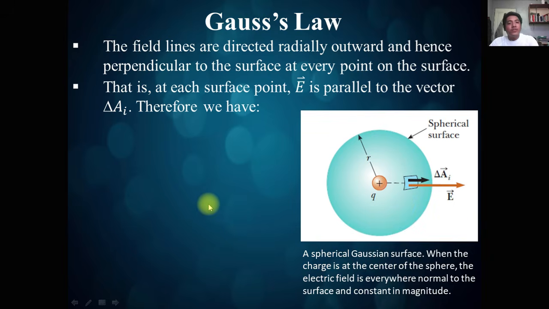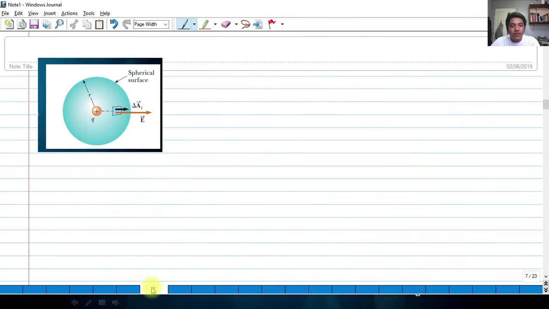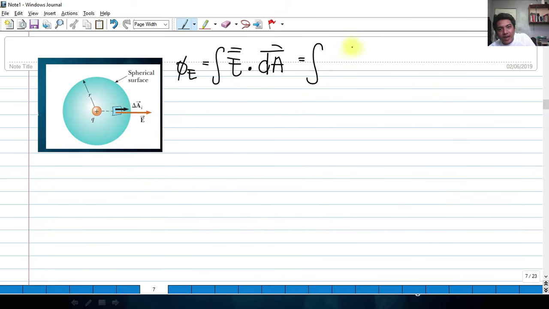In order for us to derive Gauss's law, we have the formula that the flux through the surface is equal to the integral of the electric field vector dotted with dA.